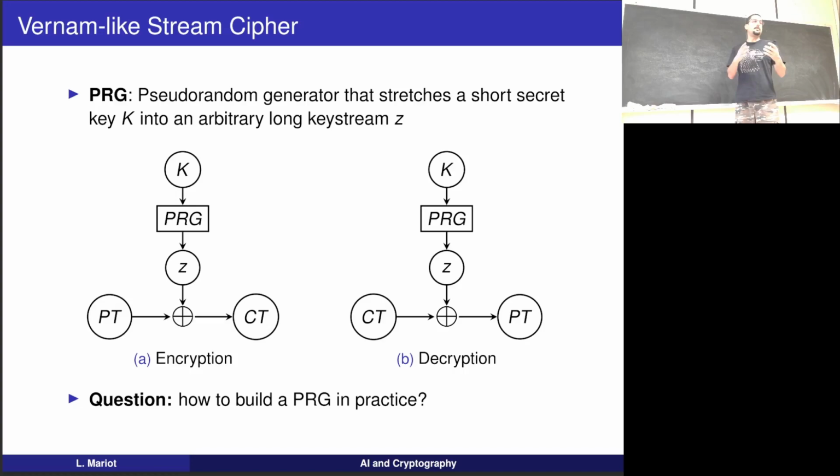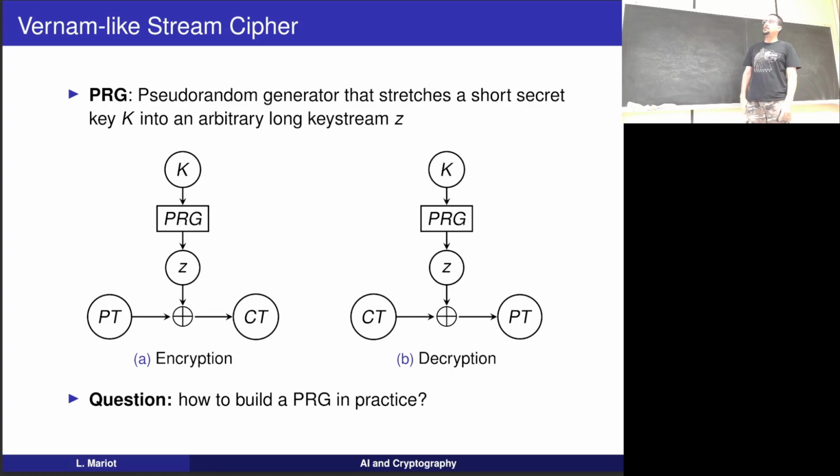The Vernam stream cipher, the original one, that was the one-time pad, where you had a key that was as long as the plaintext, is too inconvenient to use because we need to generate a lot of random bits and they are not very cheap to come by in nature.